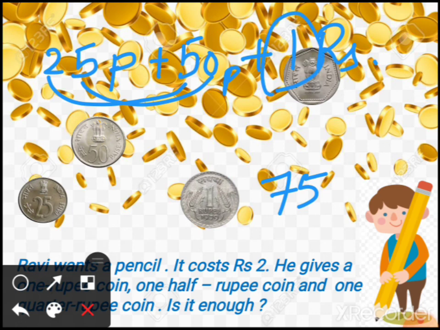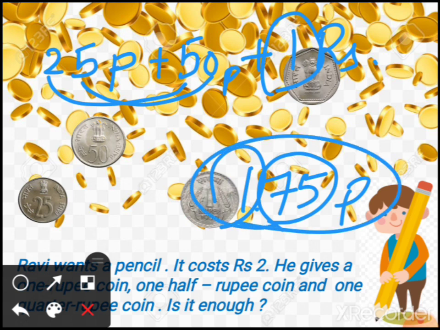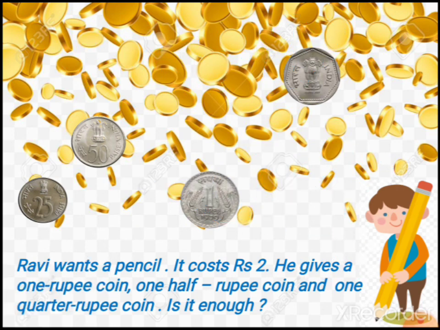And 1 rupee will be here. Because 1 rupee 75 paise means these rupees are not enough. Because he needs 25 paise more. So Ravi will not buy this pencil.